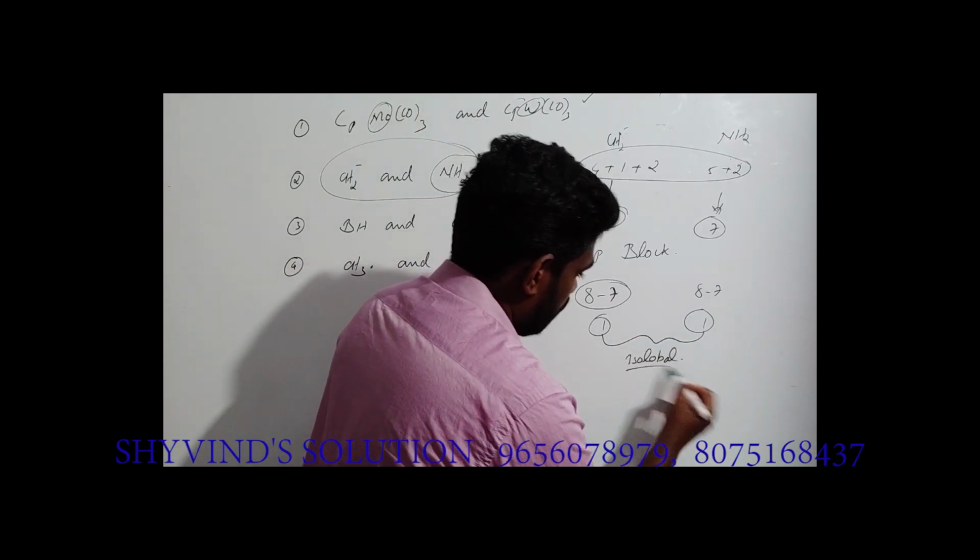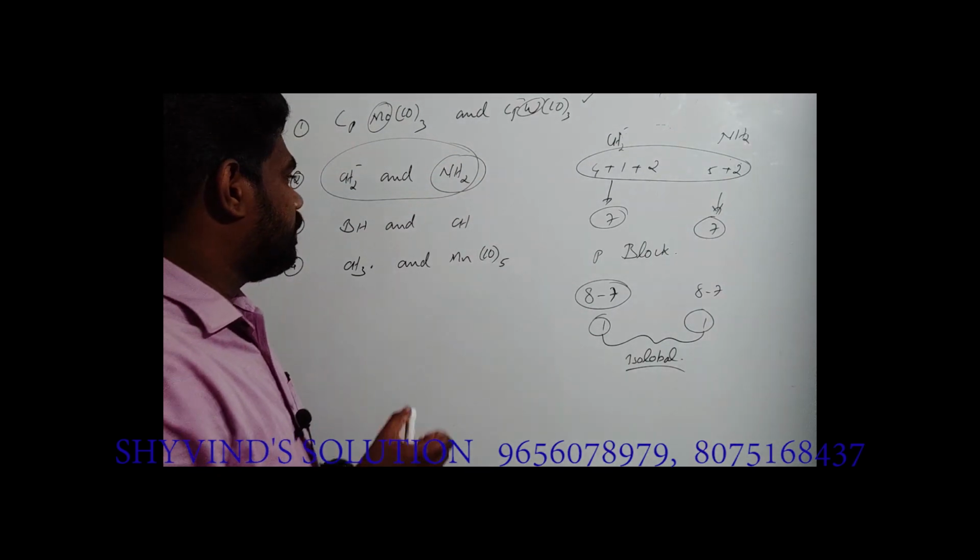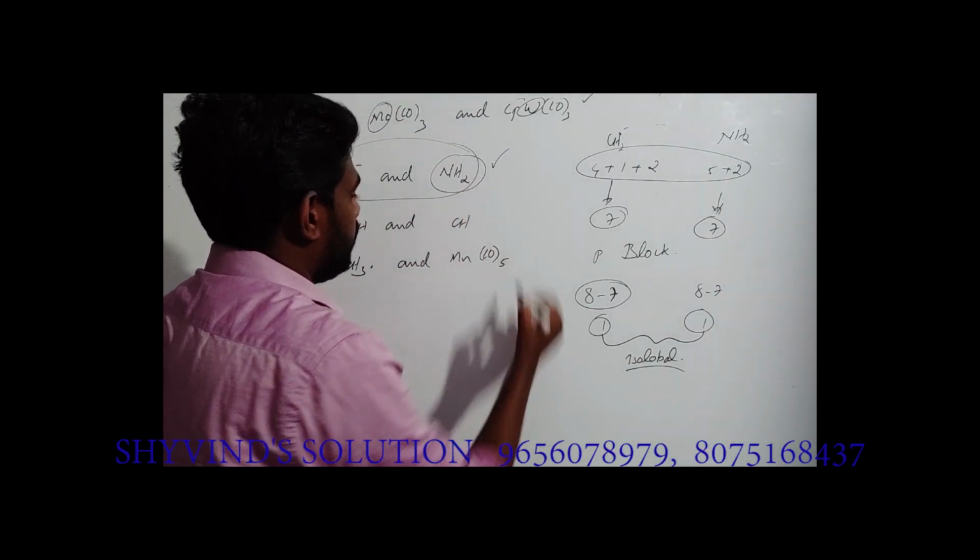Okay, this is how we should find the isolobal species for p block elements. So this is also right.